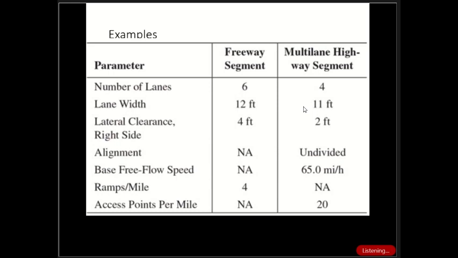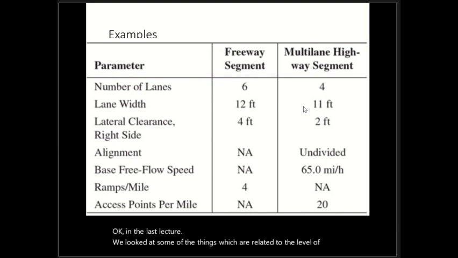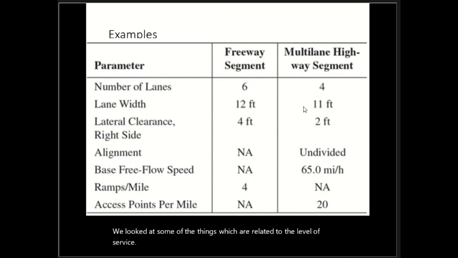Okay, in the last lecture, we looked at some of the things related to the level of service determination. So we looked at the adjustment factors. Adjustment factors are required for free flow speed and capacity of freeways.